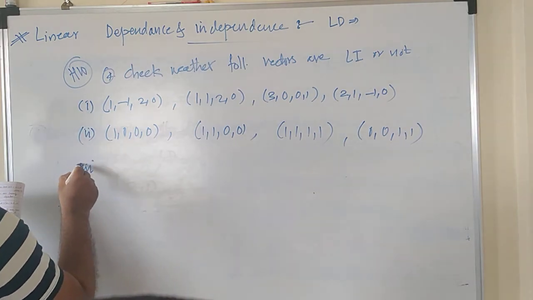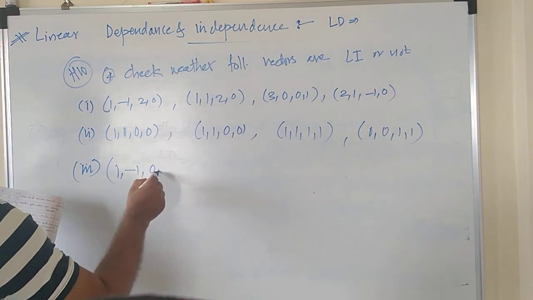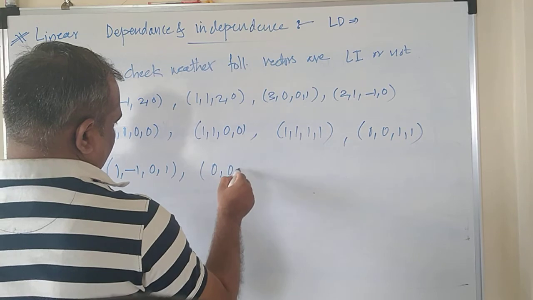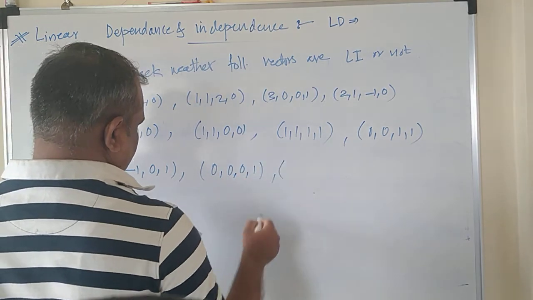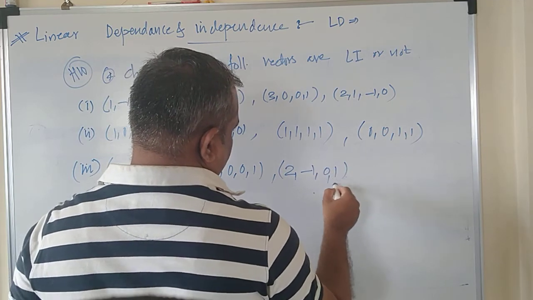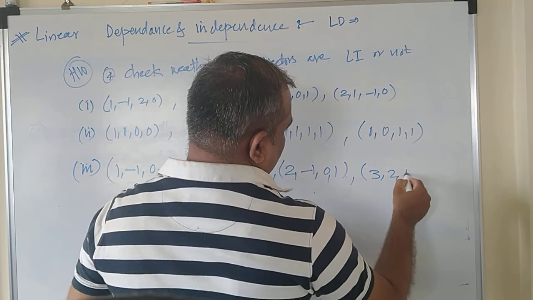Third one is 1, minus 1, 0, 1, then 2, minus 1, 0, 1. And fourth one is 3, 2, 1, 0.